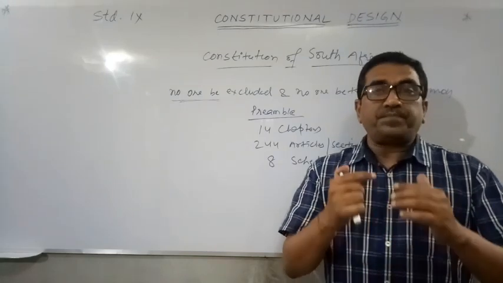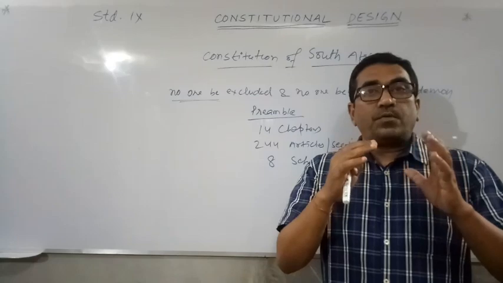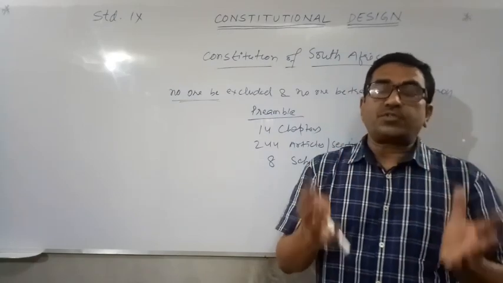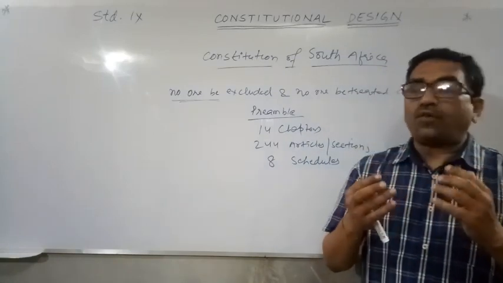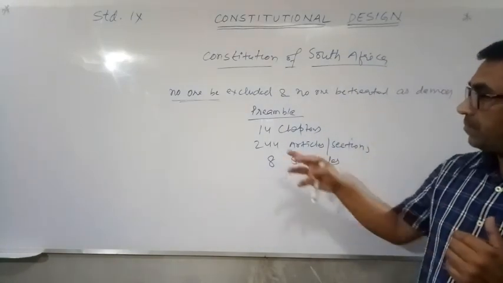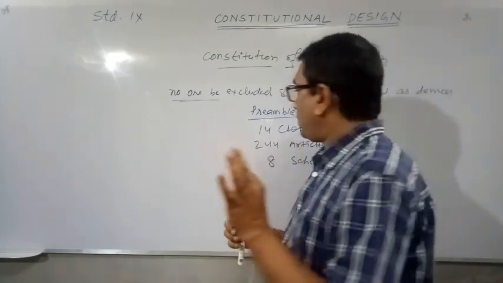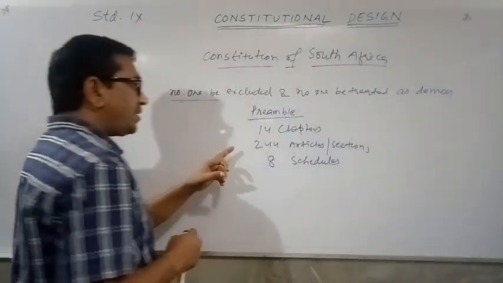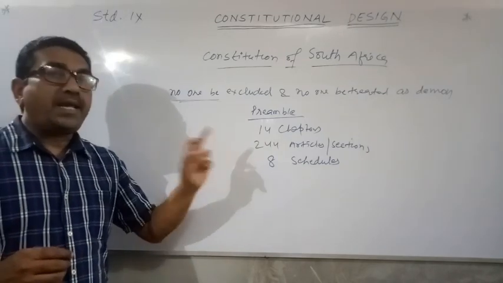A preamble is actually the summarized form of the constitution. It reflects the idea of the constitution. How many chapters? It is divided into 14 chapters. How many articles? It has 244 articles and 8 schedules.